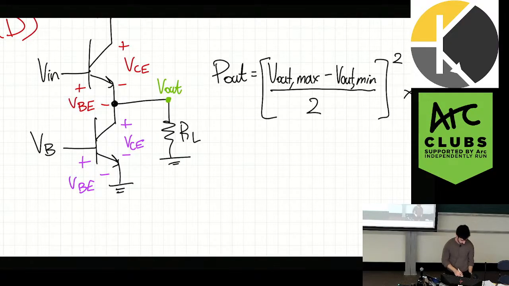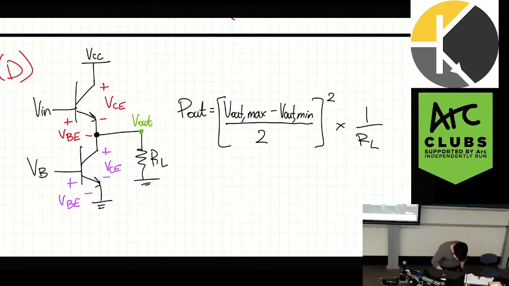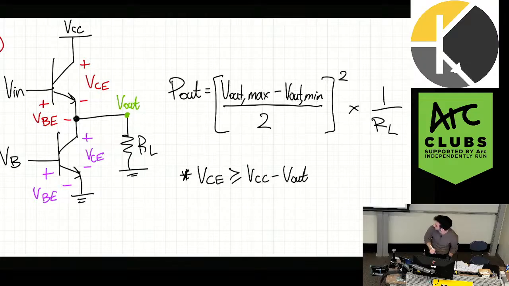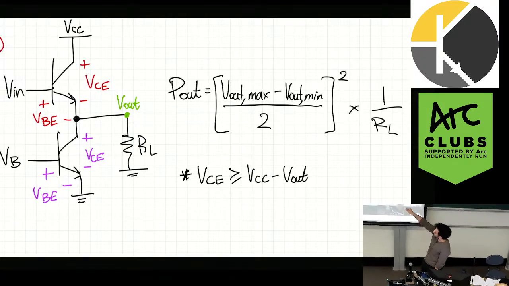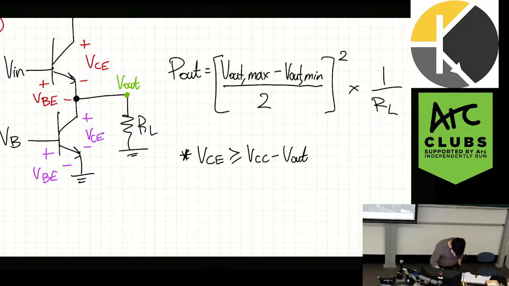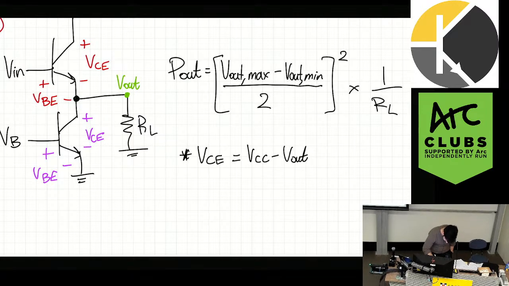So the first thing I'll look at is that VCE, so first thing, is VCE has to be greater than VCC minus V out. Right? So that's just because the voltage drop that has to be maintained. Sorry. Let me just write it like this. This is equal to that, which has to be greater than 0.2 volts.